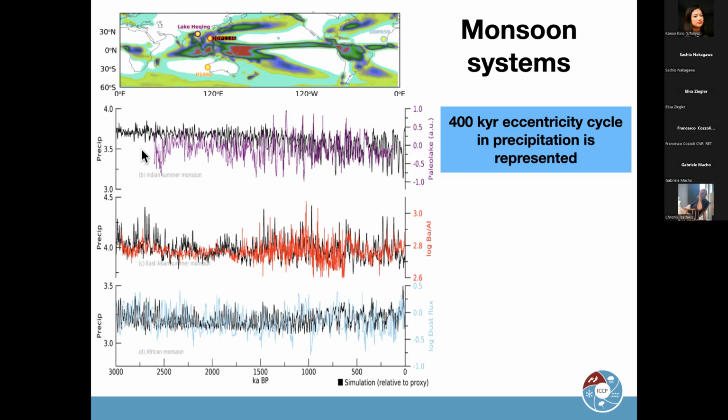Overall, if we do a side-by-side comparison, you would expect some mismatches, which could be due to the imperfection of the proxy data, but also of the climate model. But something to mention here, we have actually 400,000 year variability in the precipitation, not only in the amplitude modulation of the precessional cycle, but also in the mean.